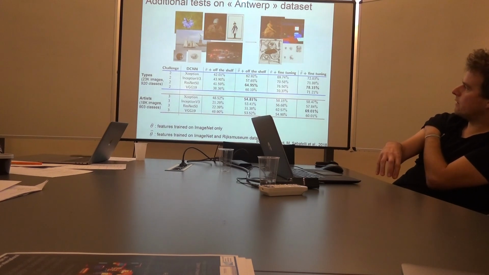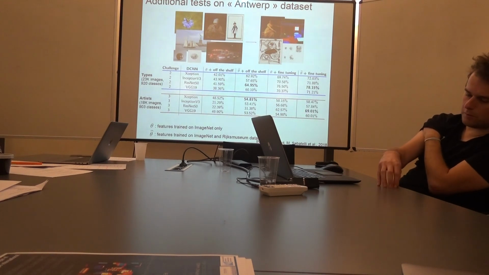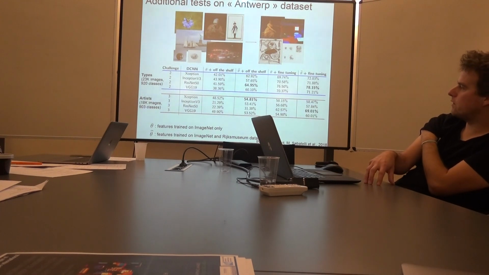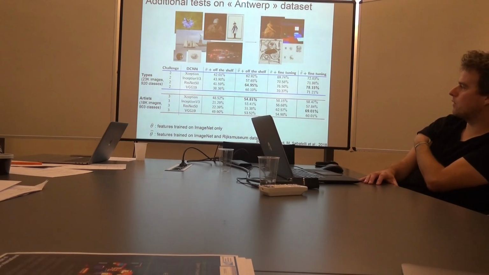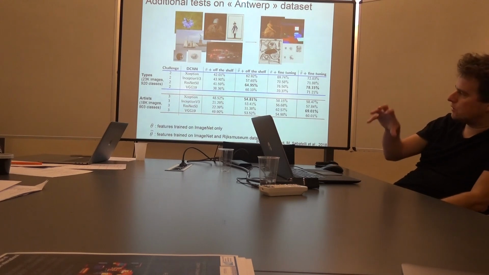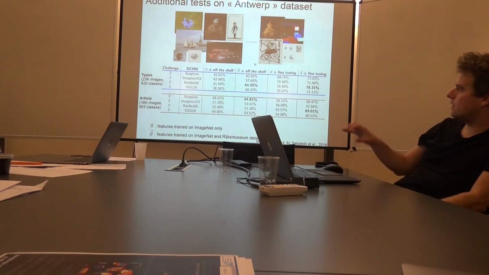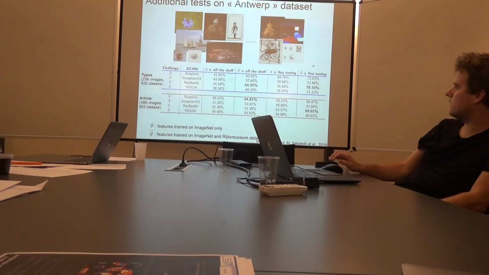That means that if you can exploit images from another museum, you will get better results. So one conclusion would be that it would be nice if all these museums could share their images and build very large deep learning models, rather than having each of these museums working in their own restricted circle, I would say.